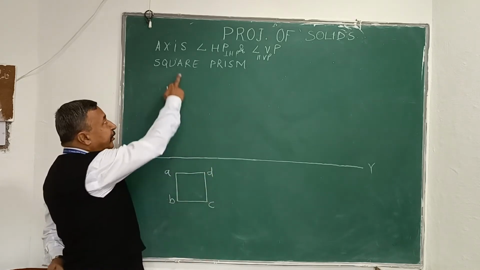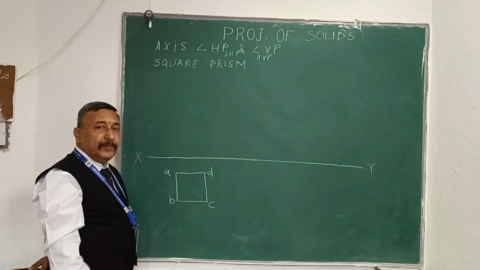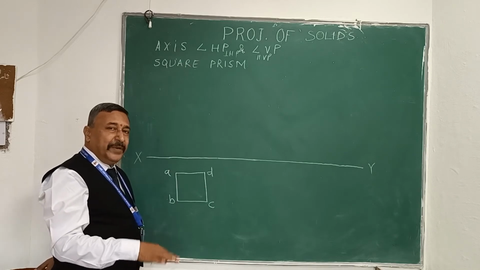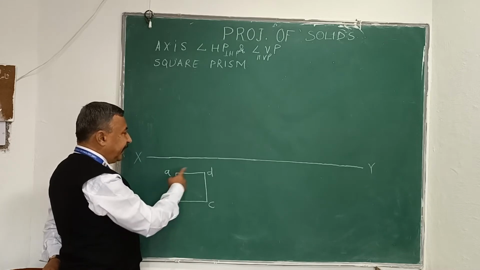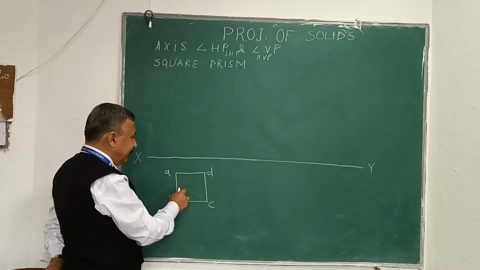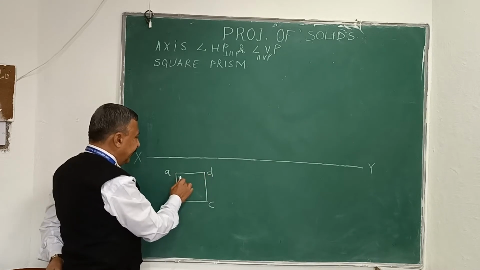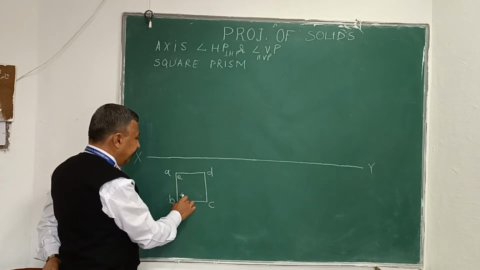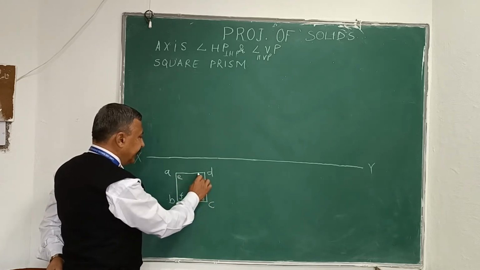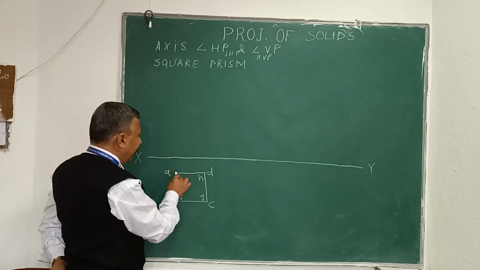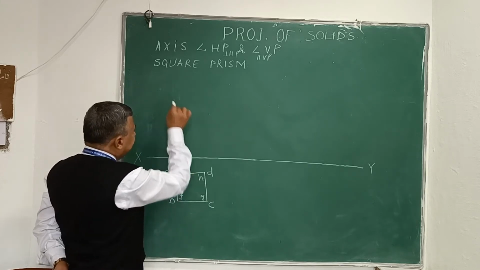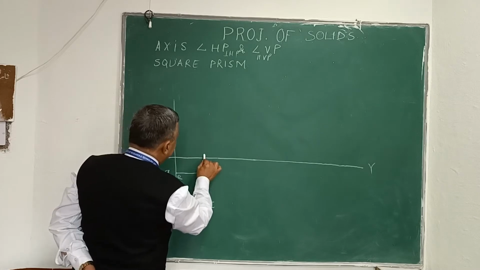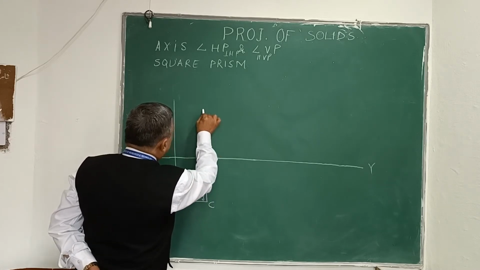There are two bases in a prism, one base and another face. So we name twice: A, B, C, D and E, F, G, H. Now we project it and complete our front view.